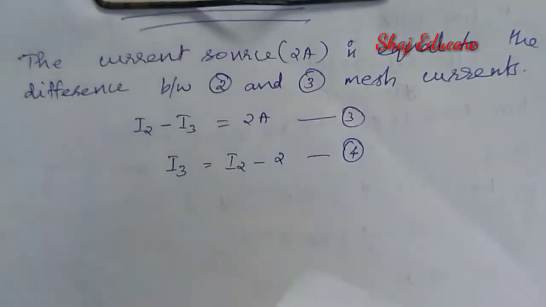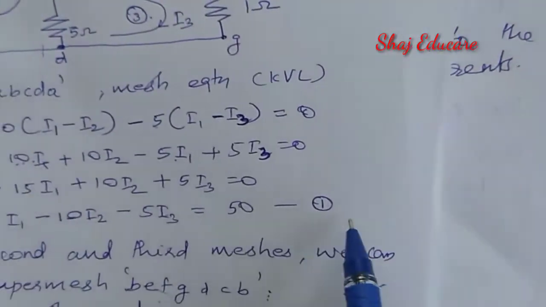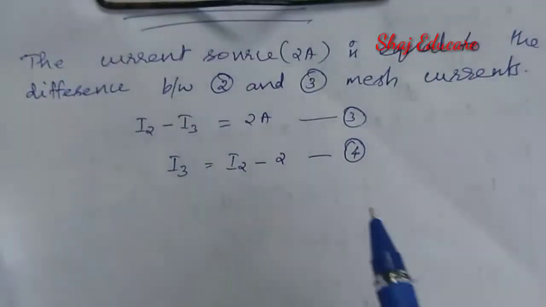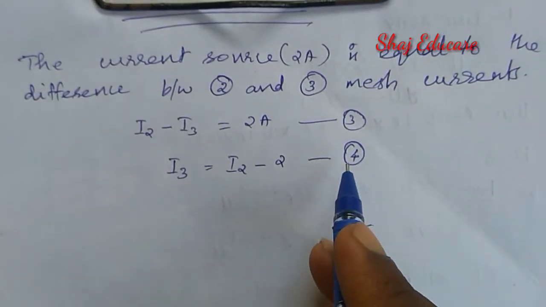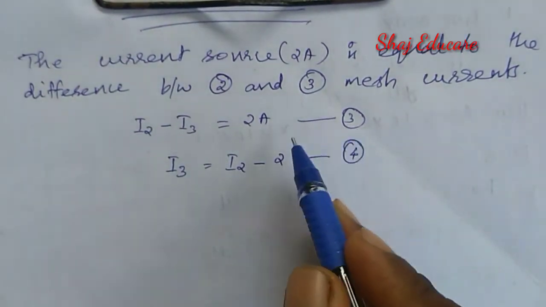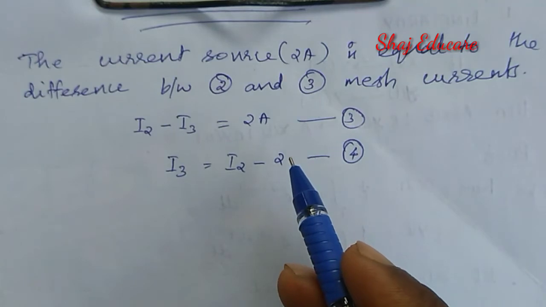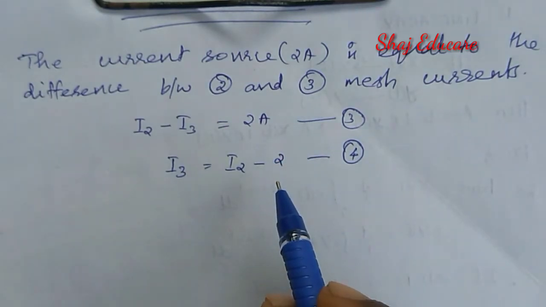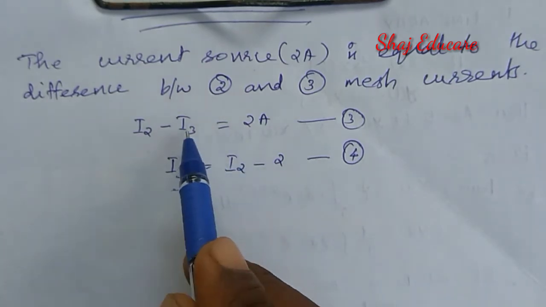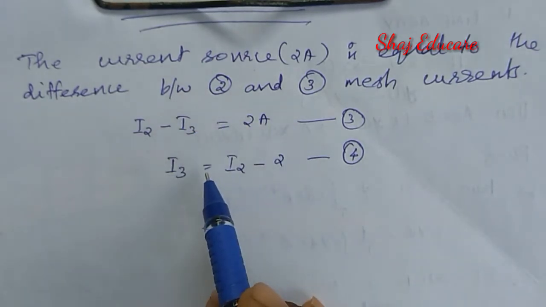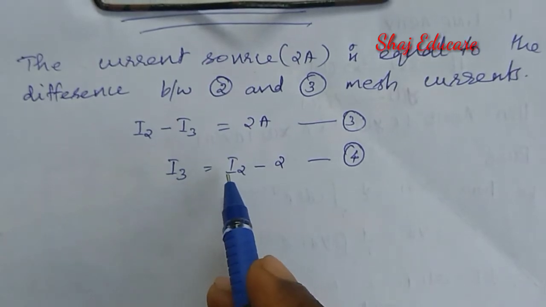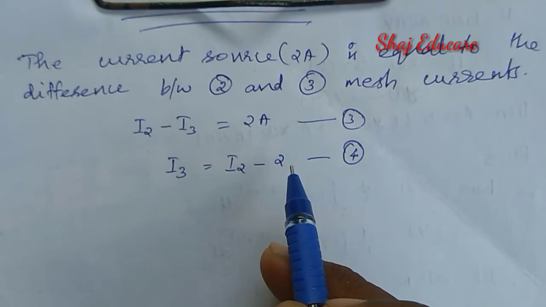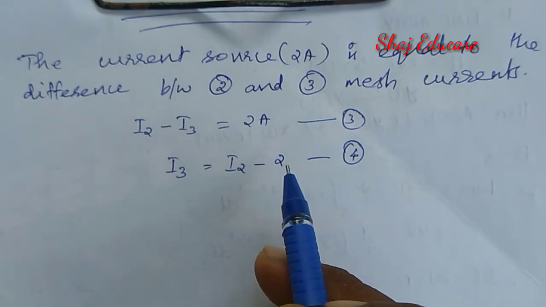Now we have three equations, equation 1, then equation 2, and finally equation 3. From these three equations, we have to find the currents I1, I2, and I3. Okay, if we rearrange the equation 3, we will be getting equation like this.